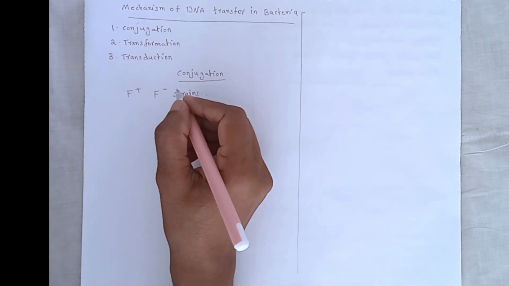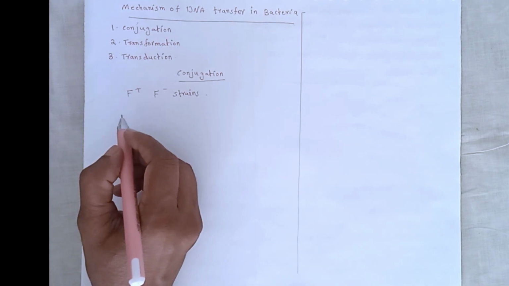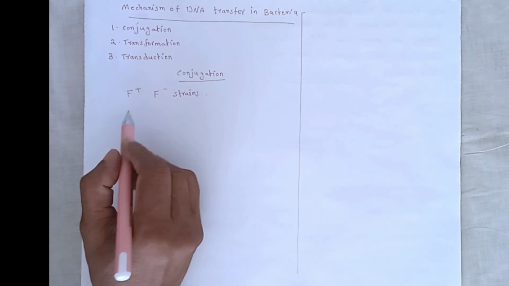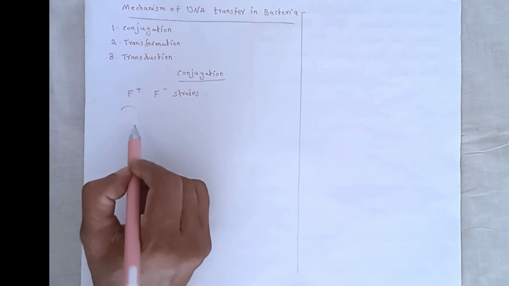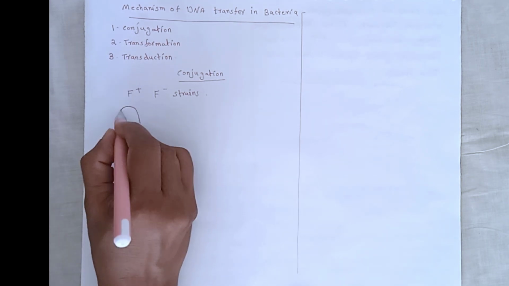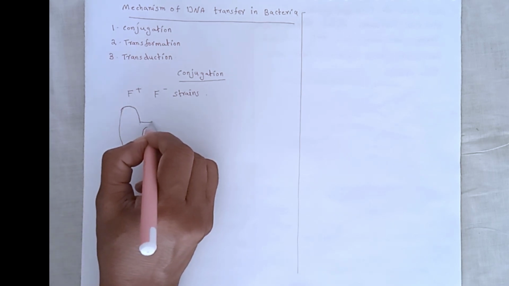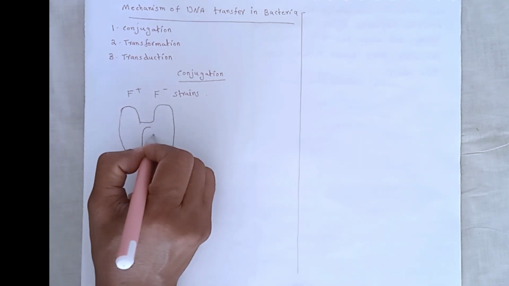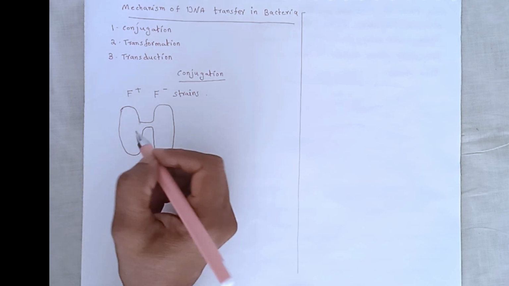The F plus strain is bacteria with a plasmid. Now we draw the bacterial conjugation. There are two bacterial cells.